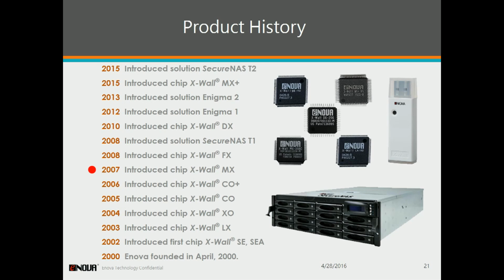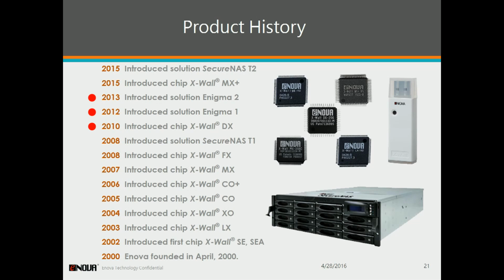This MX, as of today, we're still selling, believe it or not. A lot of people love the MX. It's been produced, well tested, and well rounded, so there's no problem with it. And then we have Enigma 1 and 2. We have a DX, which is our USB 2.0 OTG real-time encryption chip.